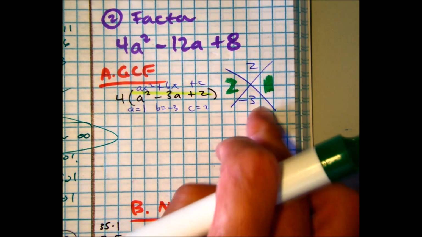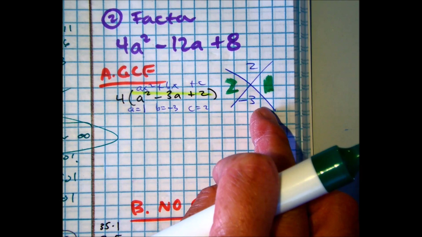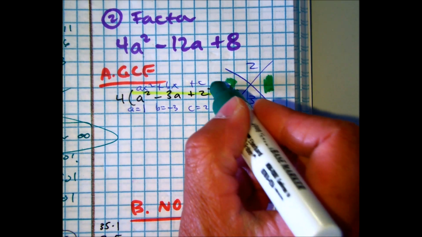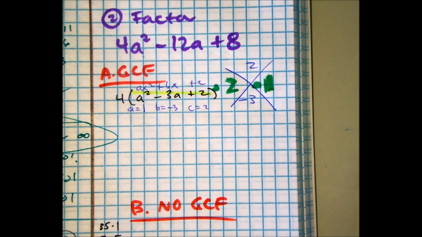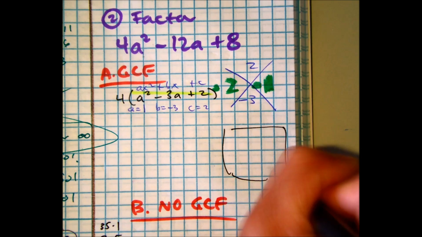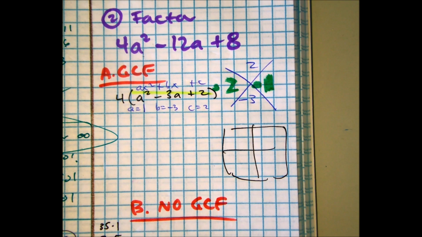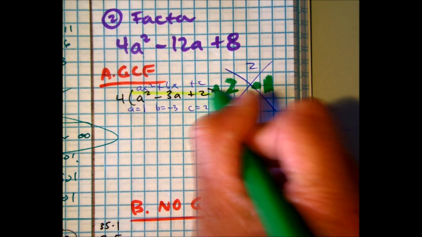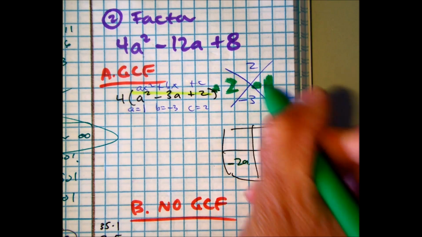Two numbers that add to be -3: -2 and -1. Sorry, my marker's not good. Then if you use your X box, you're going to have -2a and -1a.